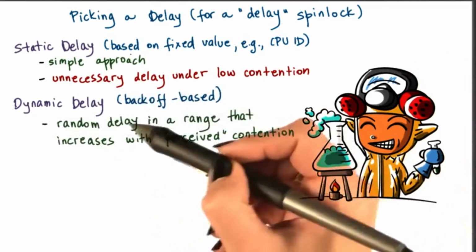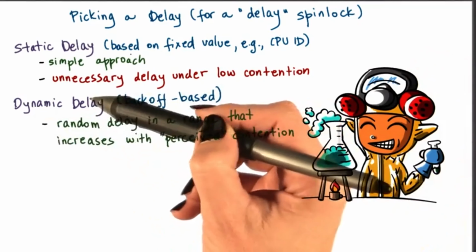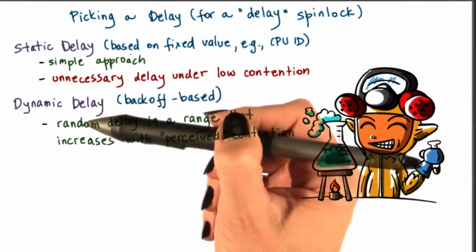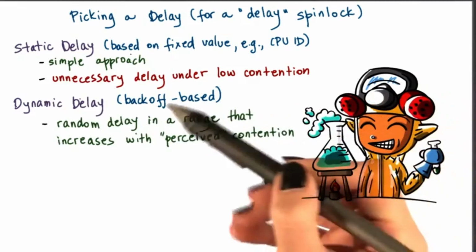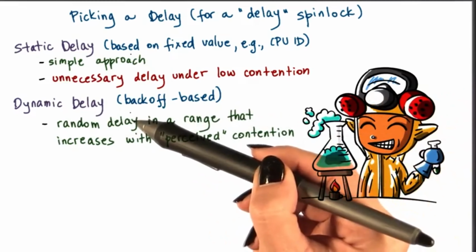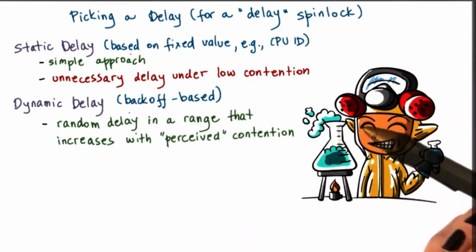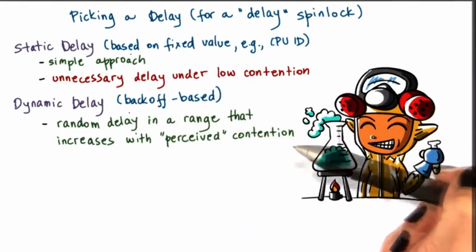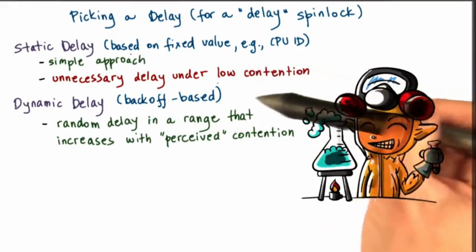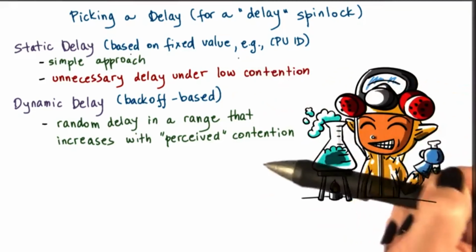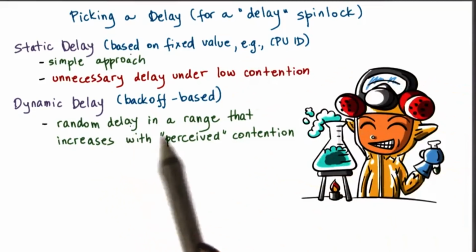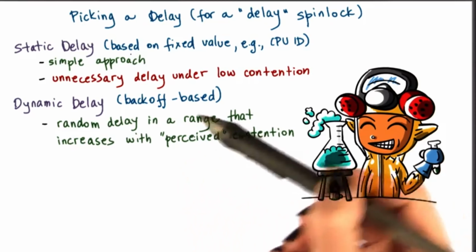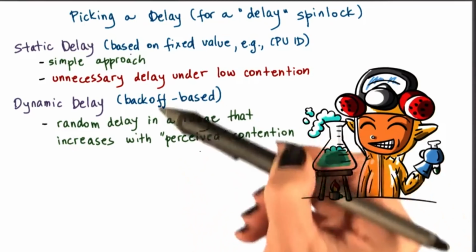To avoid this issue, a more popular approach uses dynamic delay, where each process will pick a random delay value based on the current perception of the contention in the system. The idea is if the system is operating in a mode of low contention, then it will choose a dynamic delay value within a smaller range, so it will back off just a little bit.